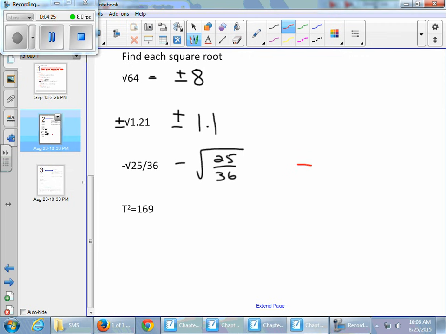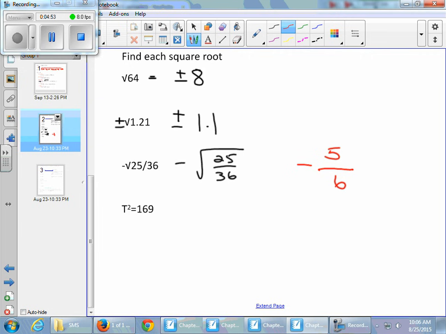You cannot have a negative underneath the square root sign, but you can have it on the outside. So now we're just going to take the square root of 25. What number times itself gives us 25? That would be 5. Keep the fraction over. What gets us 36? 6. So our answer is negative 5/6.